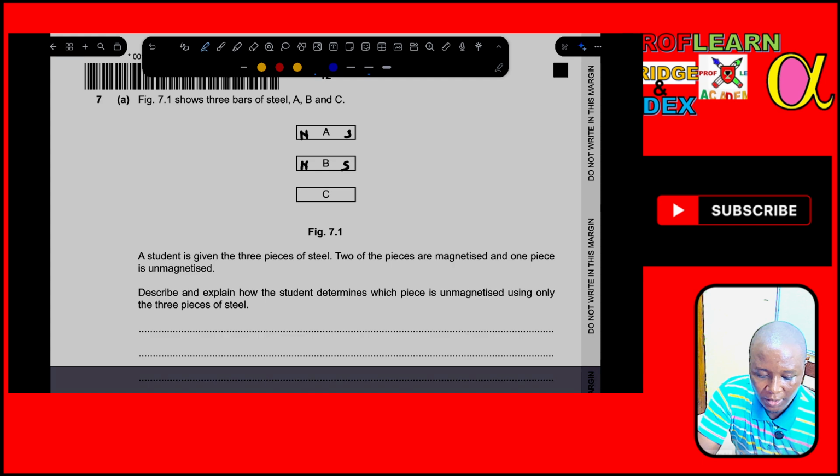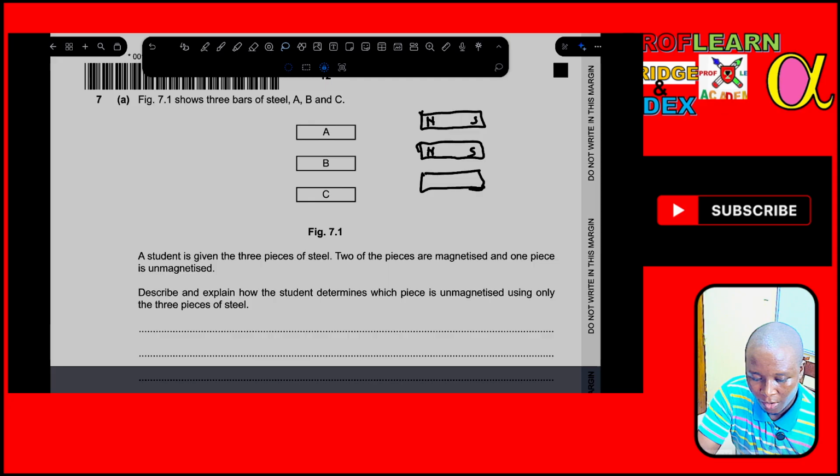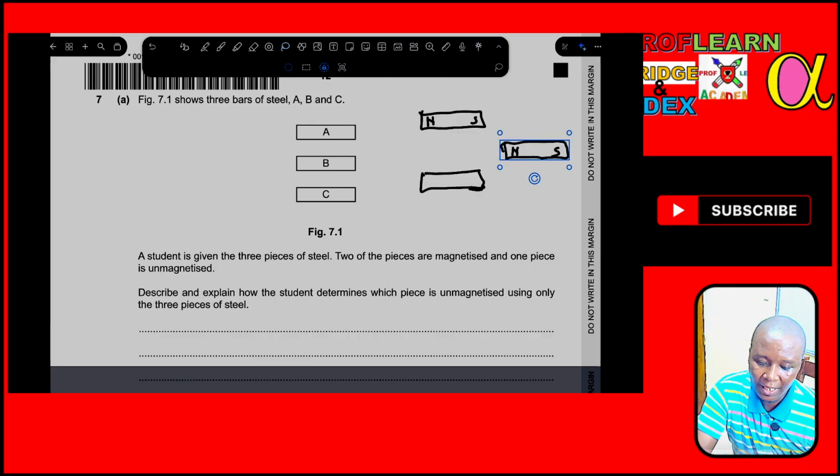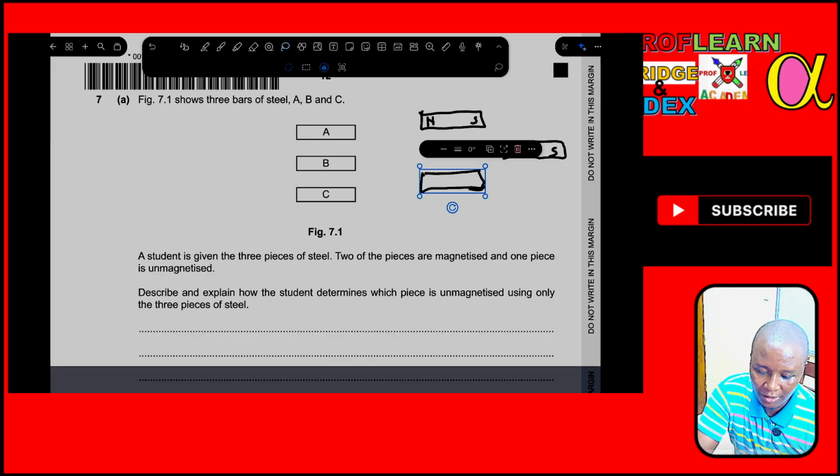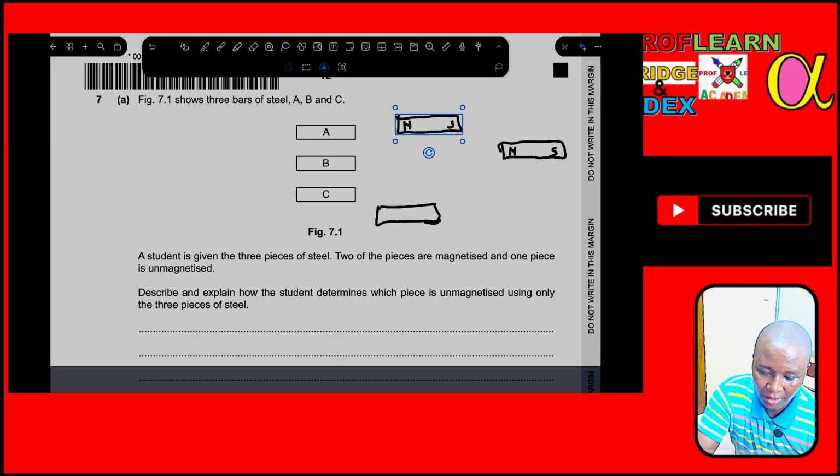So the student is going to separate the pieces: we have a piece that is not magnetized, and the other pieces that are magnetized.